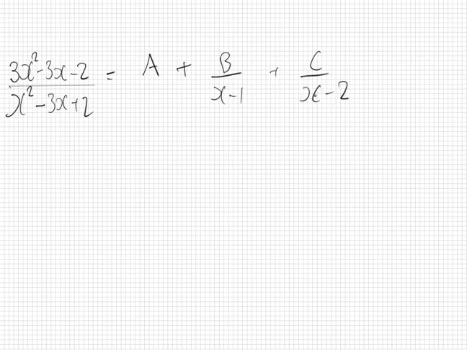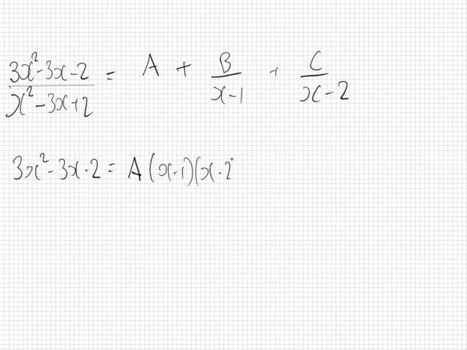We multiply out by the denominator, so we'll end up with 3x squared minus 3x minus 2 equals A times x minus 1, x minus 2. I didn't check, but I assume when you multiply these two here, it makes this quadratic, which it does.